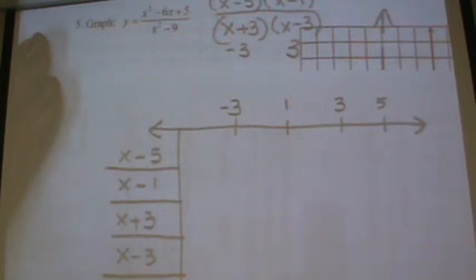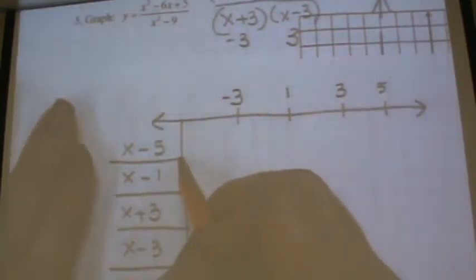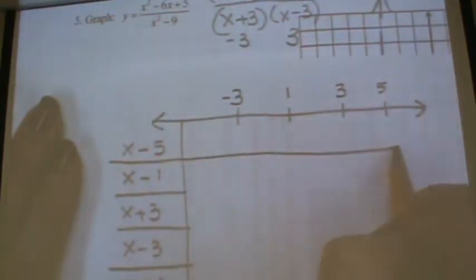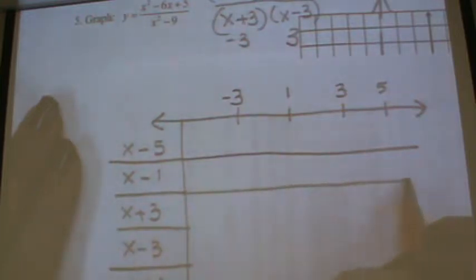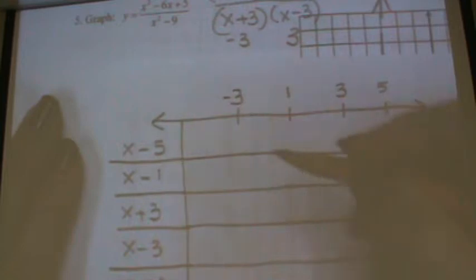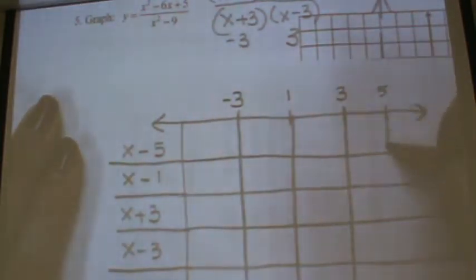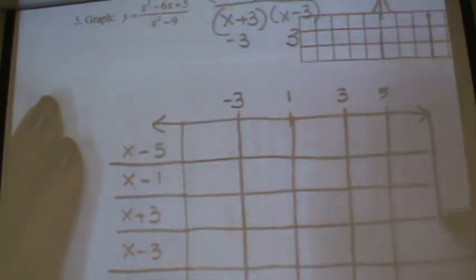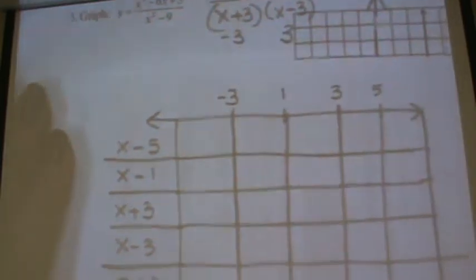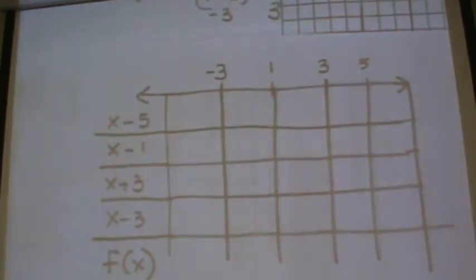F of x. That's where you're gonna count. Exclusionary chains. Give you a second to make sure you have that somewhere. Everyone have that?